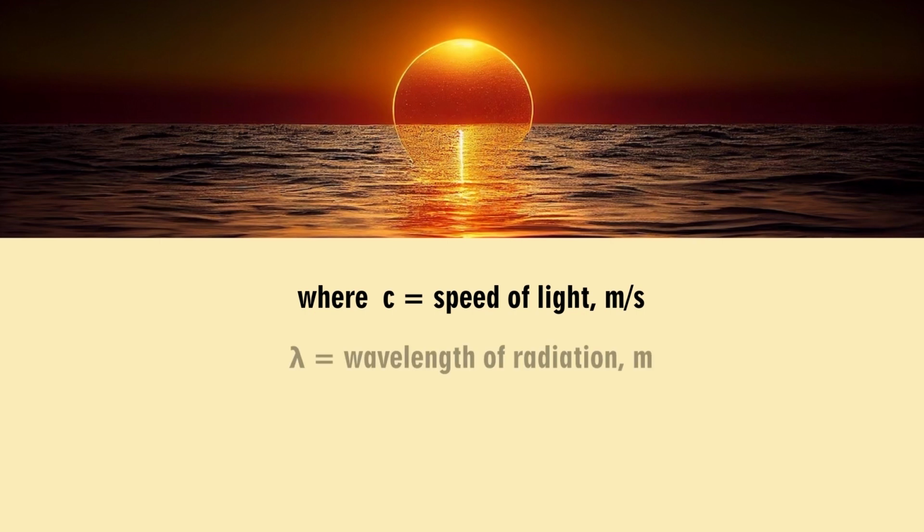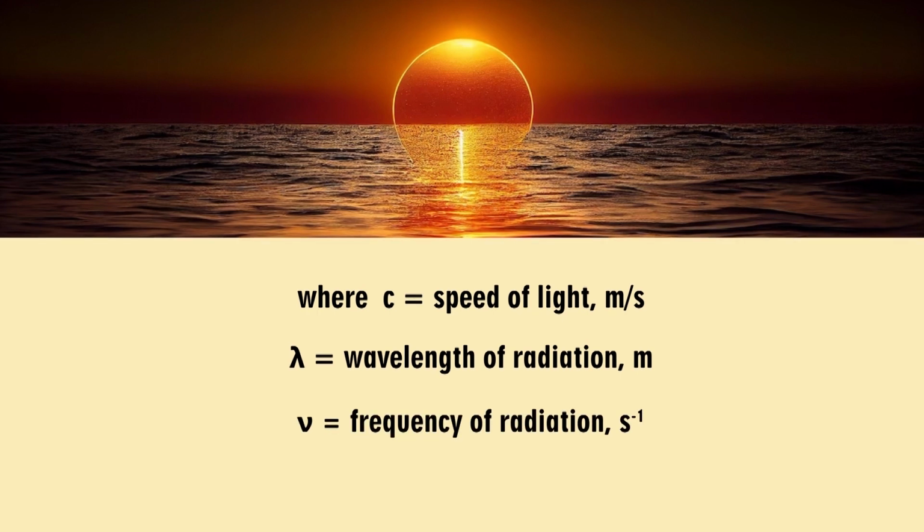Lambda is the wavelength of the radiation, the unit of which is meter, and nu is the frequency of the radiation, and its unit is per second. The electromagnetic radiation have dual nature, behaving like waves and also like particles.